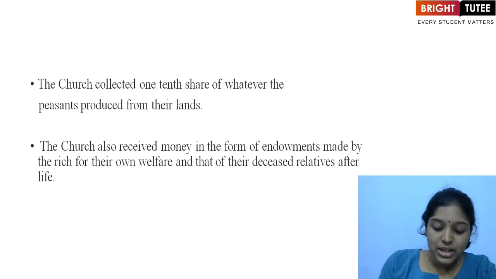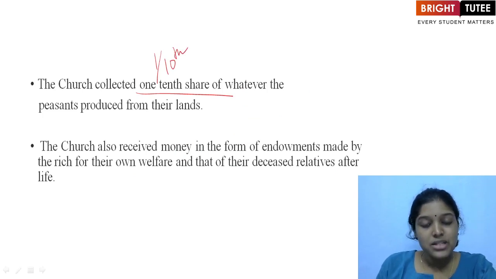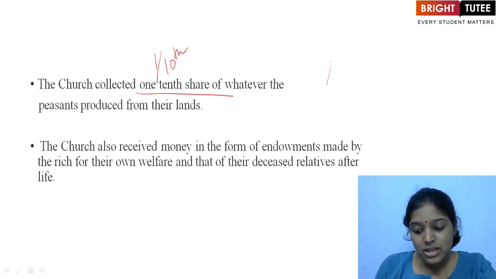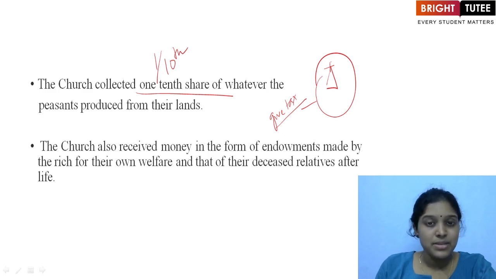And the church collected one-tenth share of whatever the peasants produced from their lands. Because the church was the place where the peasants congregated on Sundays and prayed together, the cultivators of the land had to give tax to the church because the church was meeting their religious needs.